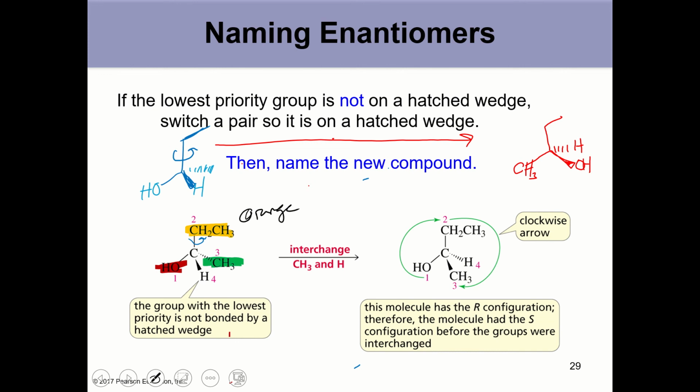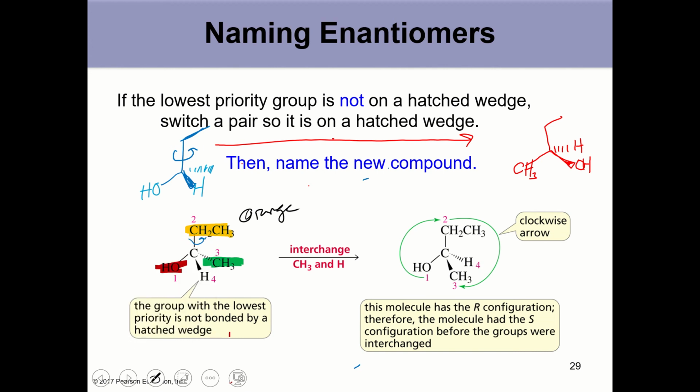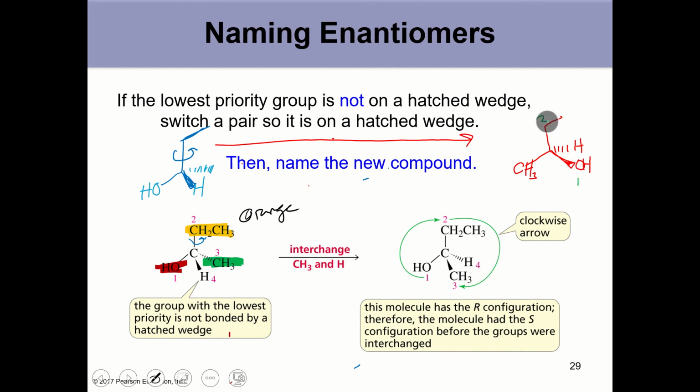The hydrogen is on the hatched wedge, so now I can follow regular rules in determining highest priority to lowest priority. The highest priority group is the hydroxyl group, so we'll call that 1. Next is the ethyl group, and last is the methyl group. We completely ignore the lowest priority group as we draw our arrows from 1 to 2 to 3.